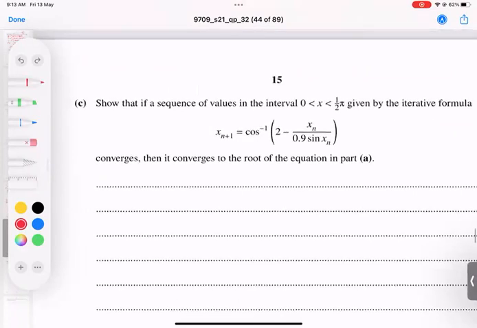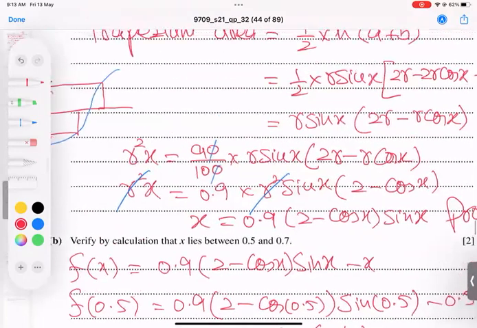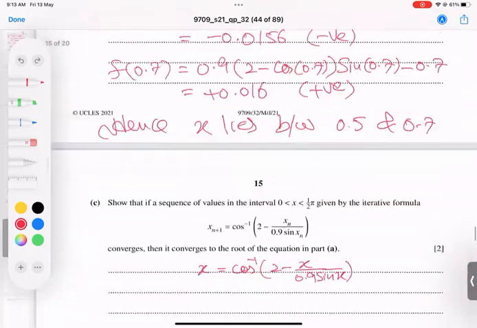So rule number one, remove the subscripts. Done. You have to reshuffle in such a way to show this connection. Show this connection. If I prove it, then it's hence proved.